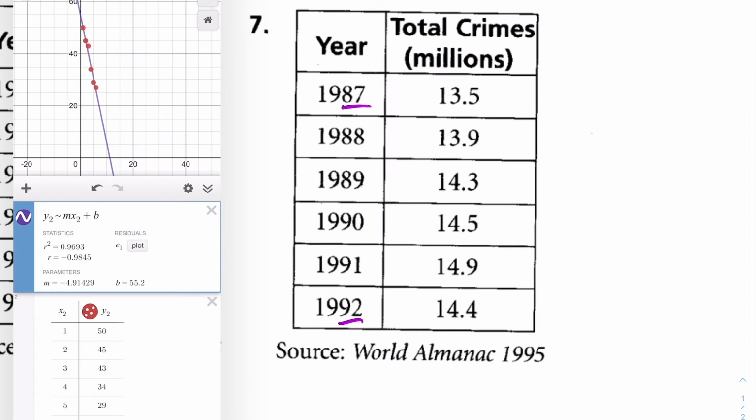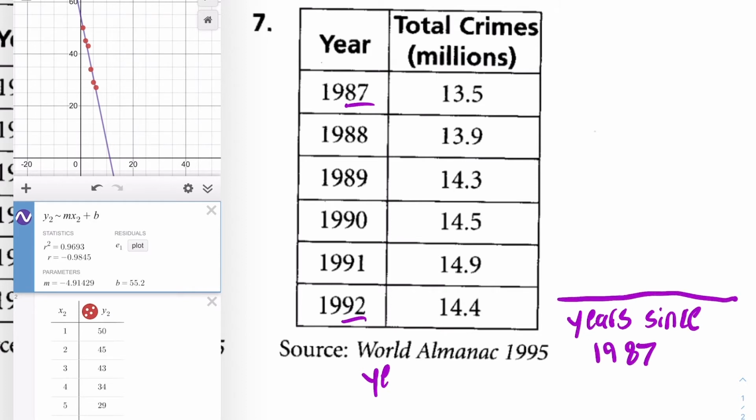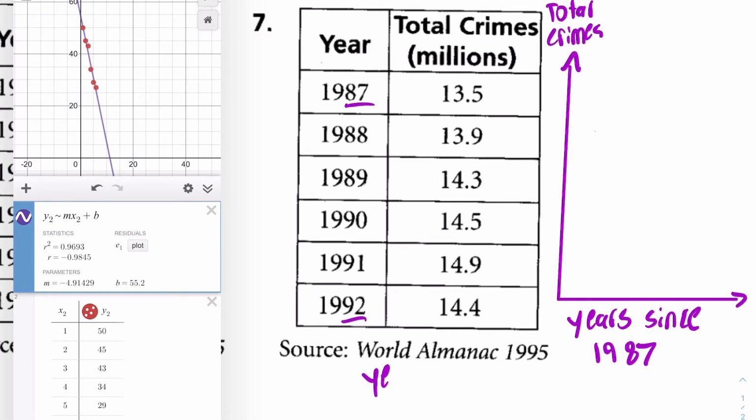Instead, I'm going to make my x scale count the years since 1987. That's what my x-axis is going to measure. My y-axis is going to be the total crimes in millions.